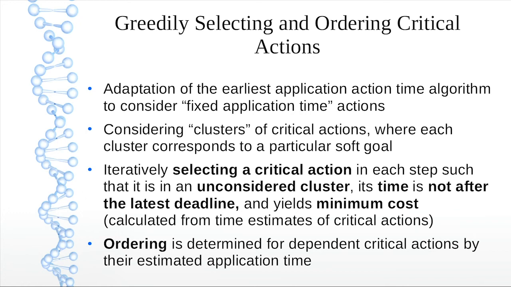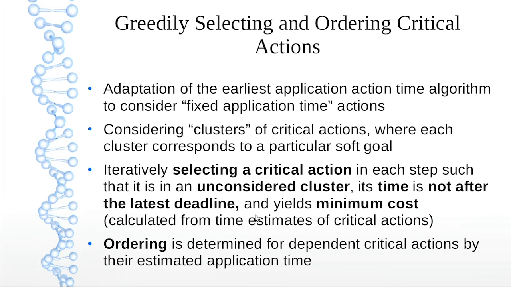So here we are considering so-called clusters of critical actions, where each cluster corresponds to a particular soft goal. In other words, these clusters are in fact disjunctive action landmarks for a given soft goal. And what we do iteratively is select a critical action from a not yet considered cluster.